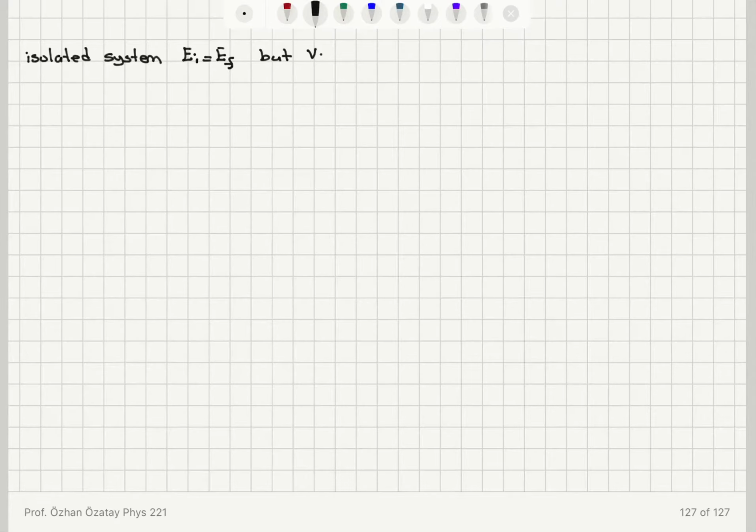However, the final volume will be greater than the initial volume V initial, and I'm going to call V0 the volume occupied by a single molecule. And in kinetic theory, remember, we have this volume negligible.